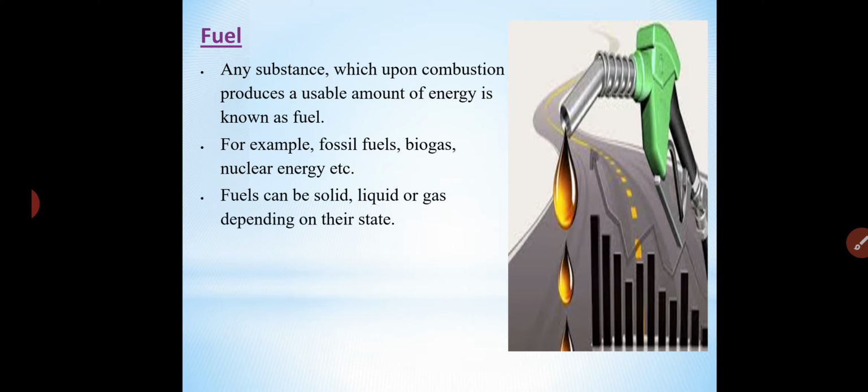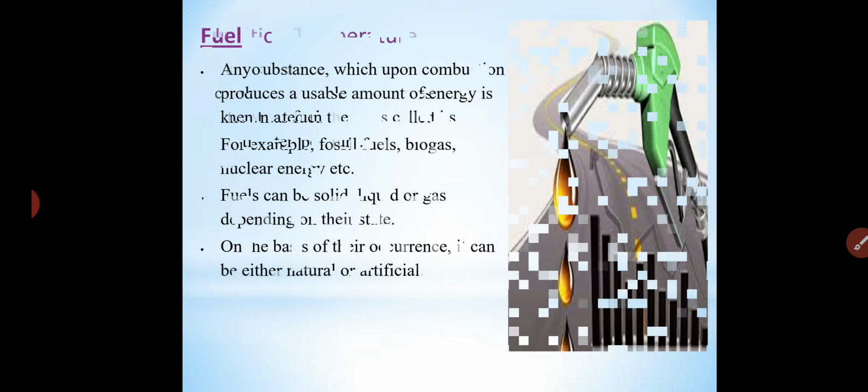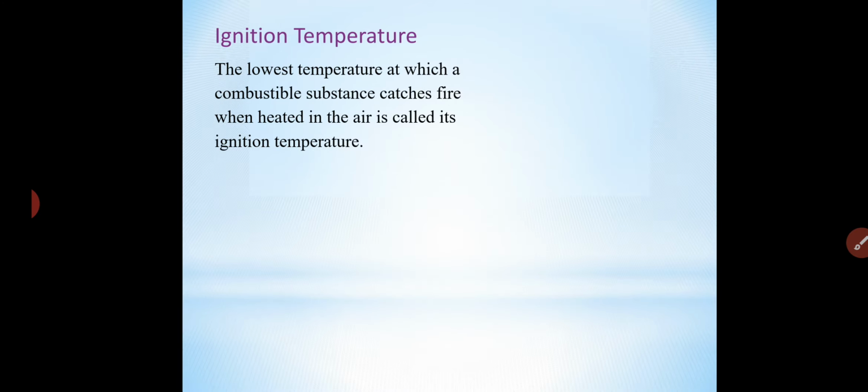Fuels can be solid, liquid or gas depending on their states. On the basis of their occurrence, they can be either natural or artificial. How are they natural and artificial?